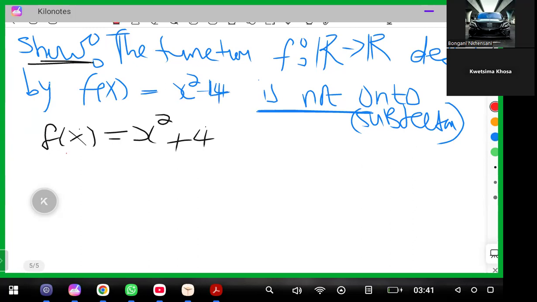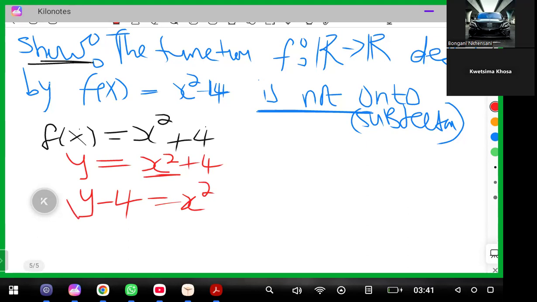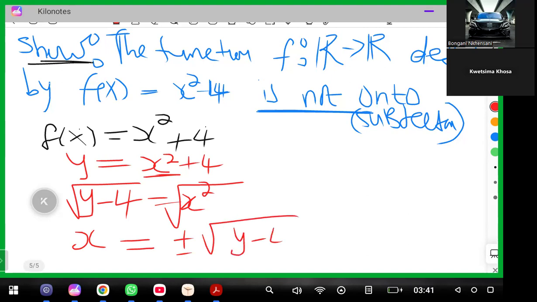So we know that this is the same as y being equal to x squared plus 4, right? Then we'll try to make x the subject of the formula, so we're going to have y minus 4 equal to x squared, then we'll take the square root of both sides, and we'll have x being equal to plus or minus the root of y minus 4.